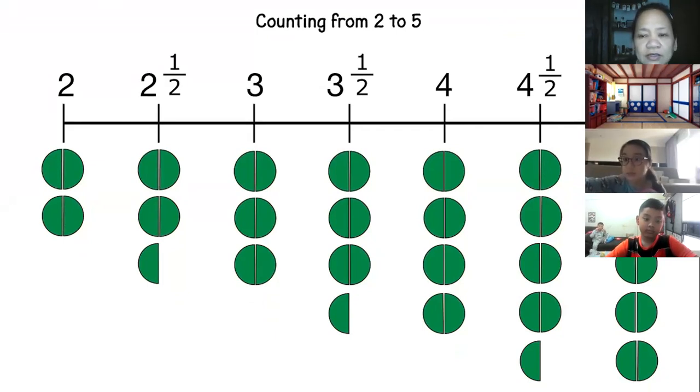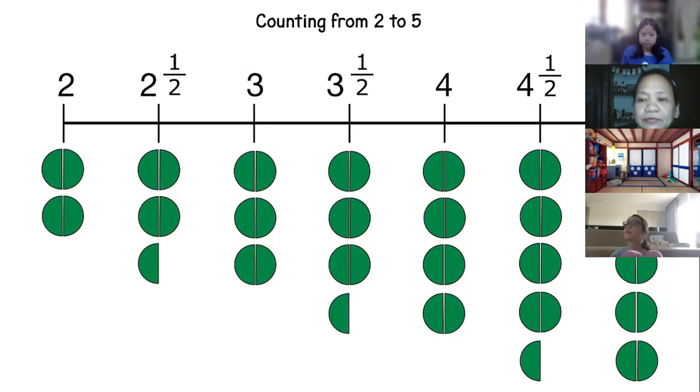By the way, before we start our lesson for today, I want to ask all of you, what are the types of fraction that we studied last time? What type of fraction?